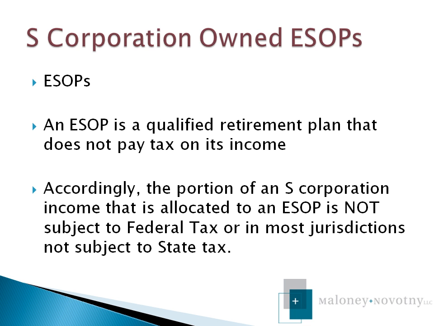Also, again, starting in 1998, the portion of an S corporation's income that is allocated to an ESOP is not subject to federal tax, and in most jurisdictions, not subject to state tax. So in our earlier example, where we had a 30% owned ESOP company, if that is an S corp, 30% of its profits would not be subject to tax.